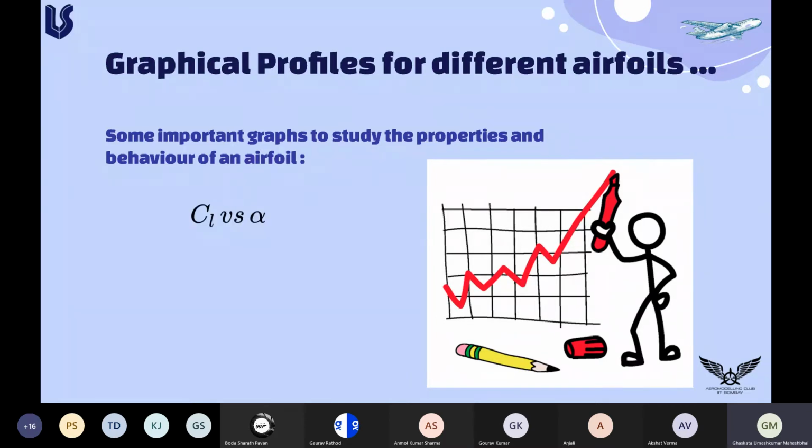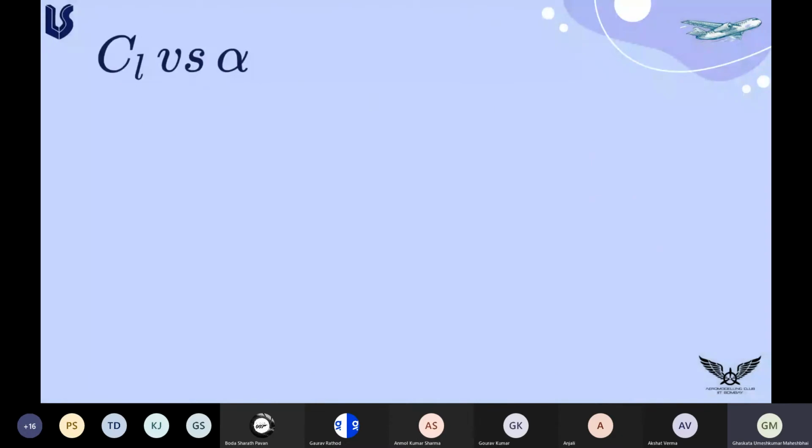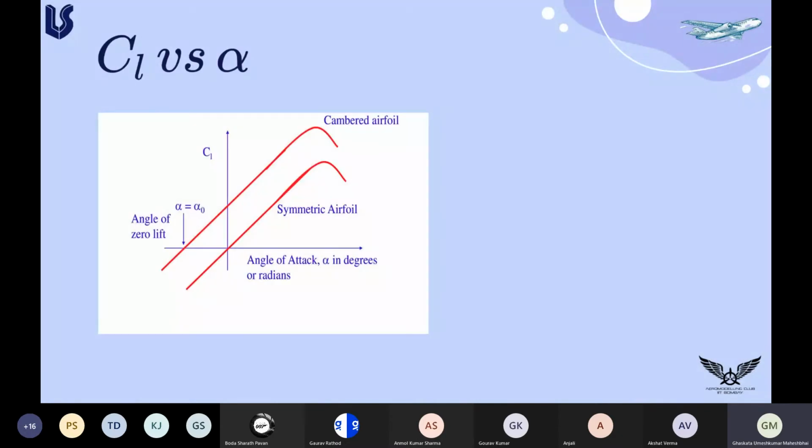We will look into the graphs of CL versus alpha, CL versus CD, CM versus alpha, and L by D versus alpha. So these four graphs we will look at. The first is CL versus alpha, where alpha is the angle of attack, AOA. Here I am describing two types of airfoil: one is symmetric, and one is cambered.